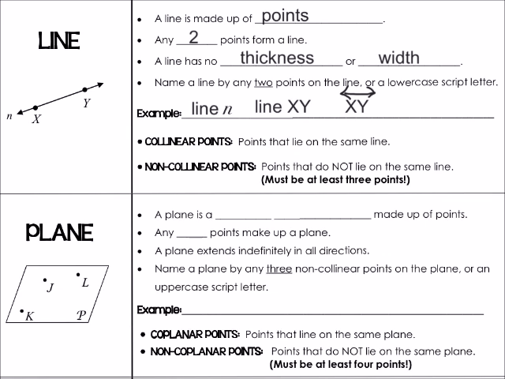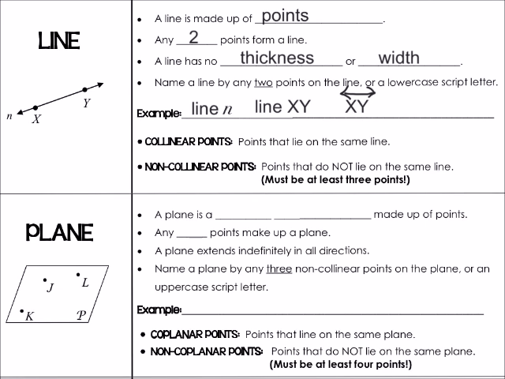You'll also want to note that a line can be represented various different ways. We can identify a line with a script letter, as in this case, which is a script letter N, or we can identify it by the 2 points that are on that line. So this is also line XY, or we can represent it with just XY with the line indication over the 2 letters, the 2 points. You'll notice that in this example they're collinear.